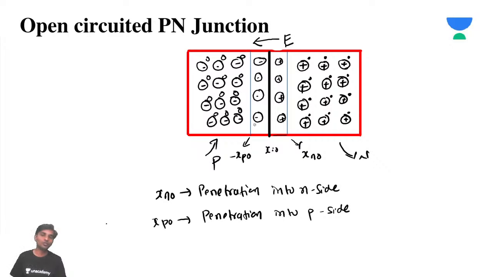As I told you, there exists some movement of charge carriers. When the movement of charge carriers exists, I can say there exists a current. In an open circuited PN junction, the electric field is existing here. Because of that, electrons and charge carriers are moving from one region to the other region.